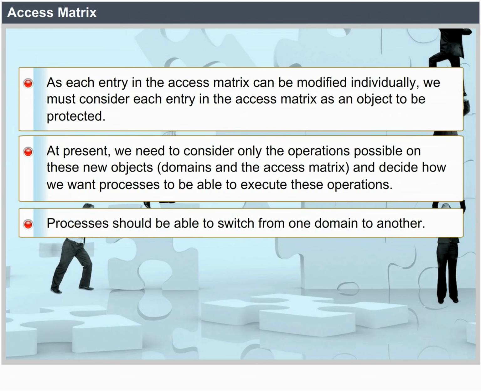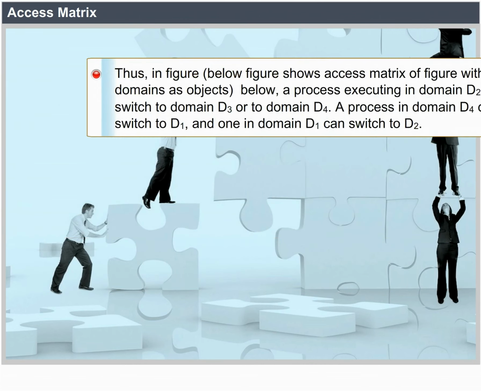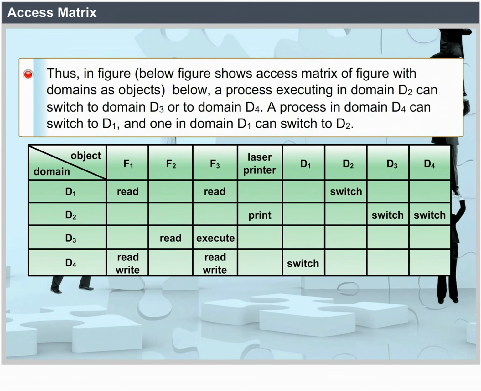Processes should be able to switch from one domain to another. Switching from domain Di to domain Dj is allowed if and only if the access right switch is in access(i,j). Thus, the figure below shows the access matrix of the previous figure with domains as objects.